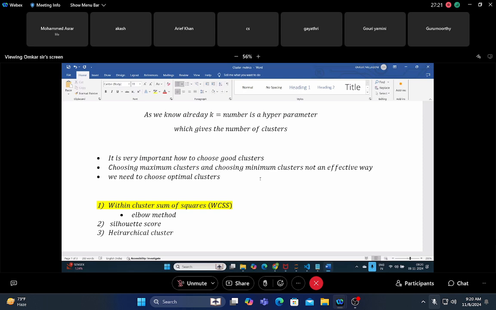For that, within cluster sum of squares, WCSS, a very, very important interview question.